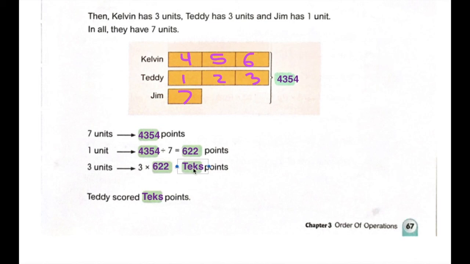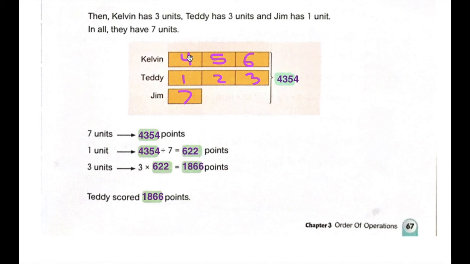It means 3 times 622. How much will you get? 1,866 points. So Teddy will score 1,866 points. Miss, how if the question is for Jim? Jim is only 1 unit, so you only times it with 1, it will be 622.